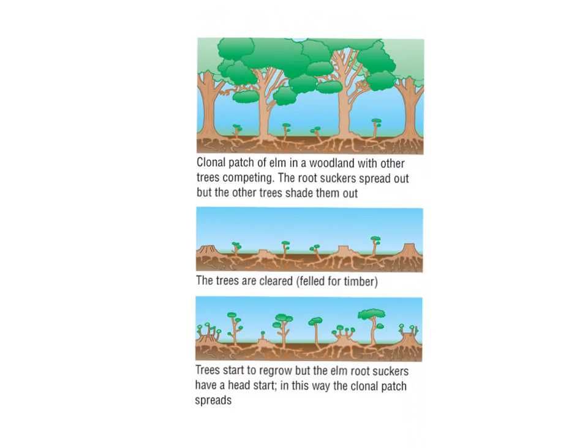So if you can imagine, here we have woodland, and these slightly darker green trees are elm trees, and these lighter green trees are something else. Now what can happen is that these suckers can grow up here, obviously not hugely useful, because they're in the shade of their parent plant, and therefore they won't grow particularly well.